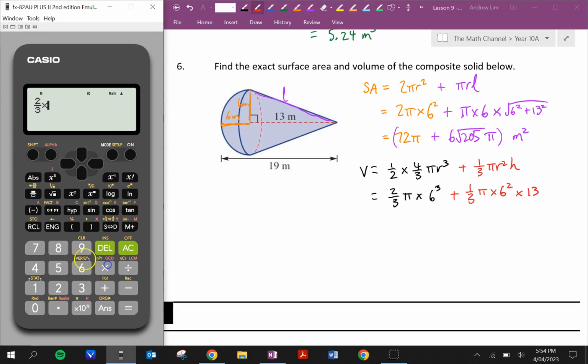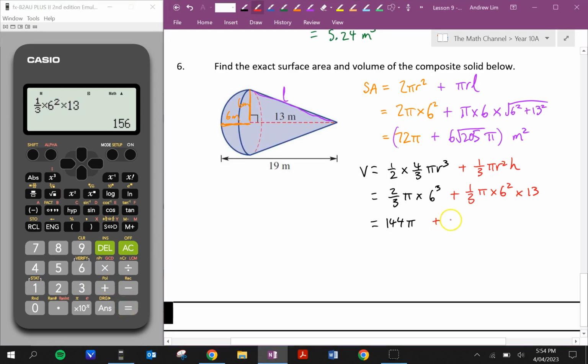I'm going to multiply it by 6 cubed to give me 144, so that's nice. 144 pi plus what is 1/3 times 6 squared times 13, because we don't type the pi in. 156.